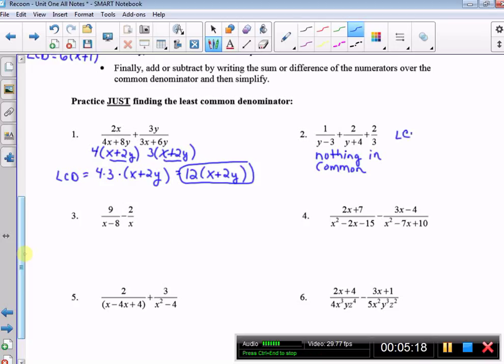So in this instance, the LCD is the product of what's not in common, which is everything. So 3 times y minus 3 times y plus 4. On number 3, look, x minus 8 and x, you might think because they have an x they have something in common. But here again they have nothing in common.